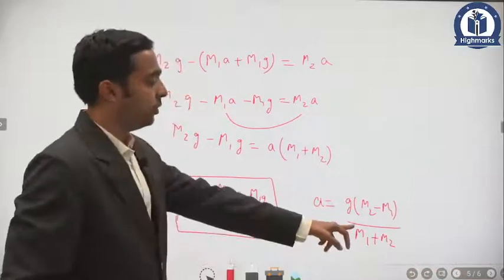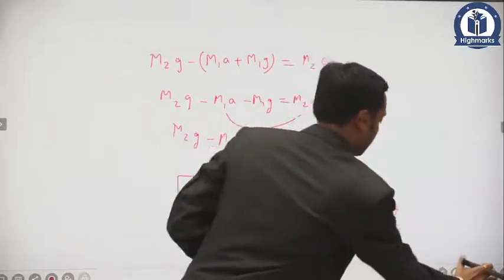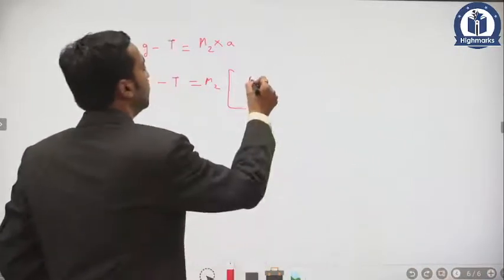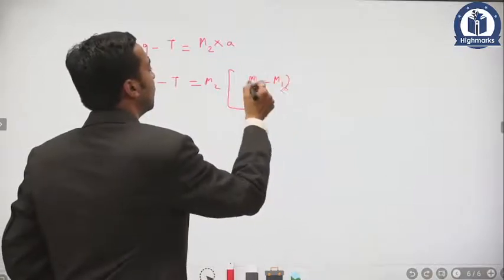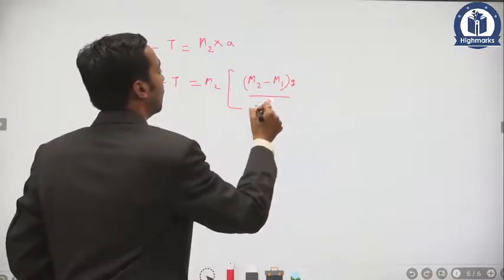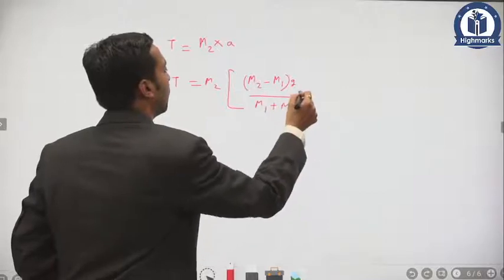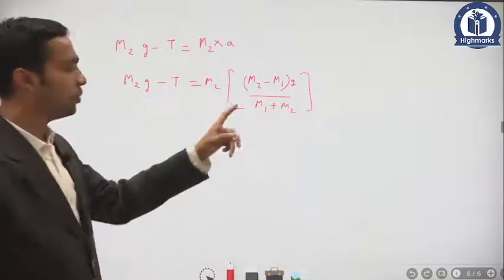A is M2 minus M1 into g upon M1 plus M2, right? Now try to solve this one.